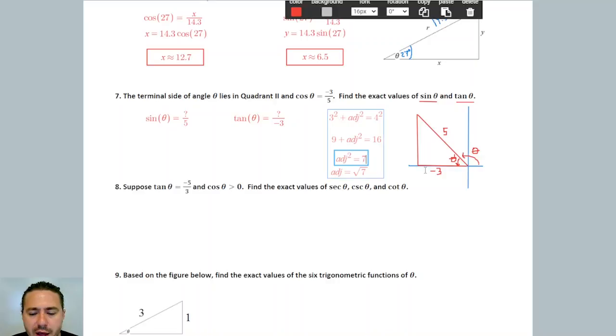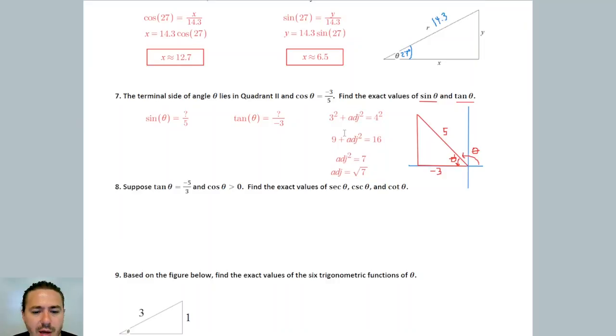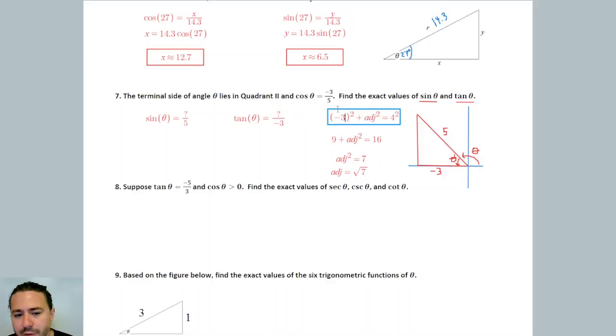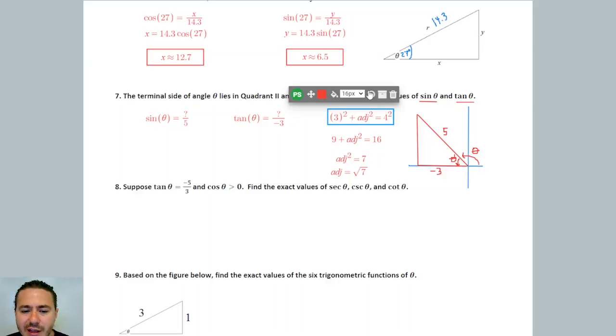Now you could square -3, but squaring a negative is just going to be positive anyway. So I'm okay with just saying 3 squared. You may run into trouble trying to do -3 in the calculator, so make sure you have those parentheses. Just on the safe side, we'll say 3.